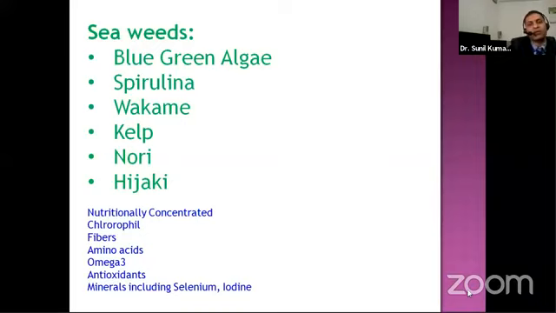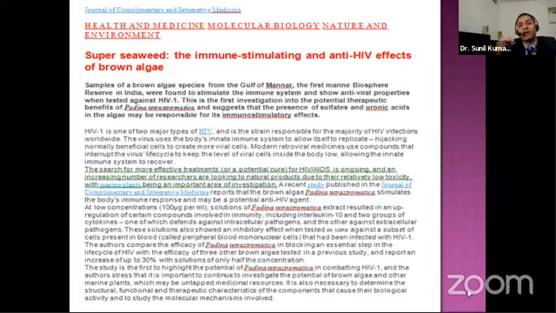Dr. Raghavendra has already talked about that. And there are many studies on how seaweed stimulates our immune function, and on virus as well. On the screen, you can see the seaweeds can also have anti-HIV effects.